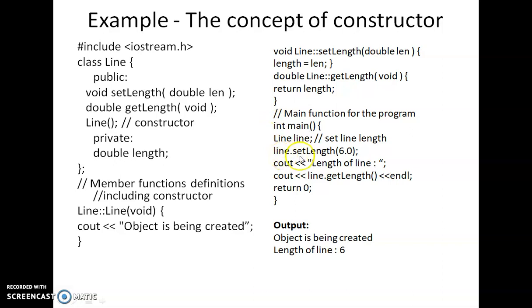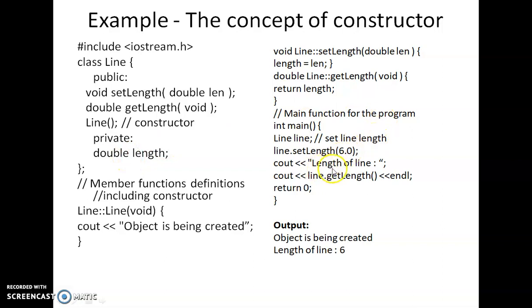Next, we are going to call setLength using the dot operator, as with a structure. How do we call the members of a structure? By using the dot operator. Am I correct? So like that only we use it here: line dot, that is object name dot method name, with 6.0. So this value is passed to the length, and the value 6.0 is stored into length, which is a private member.